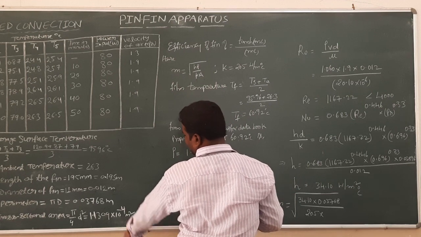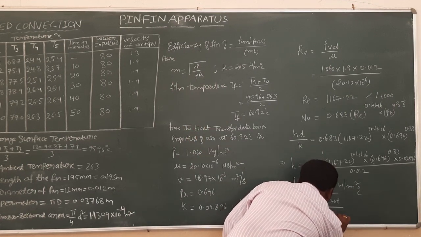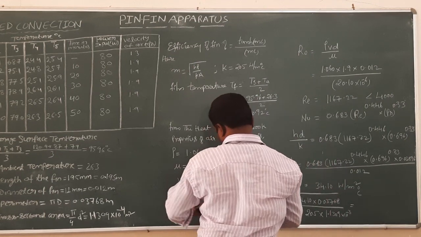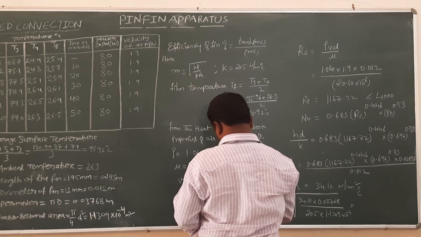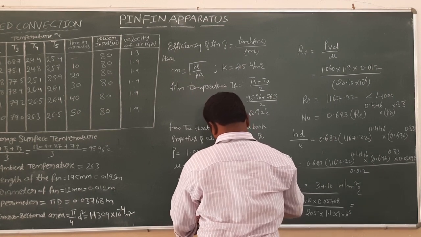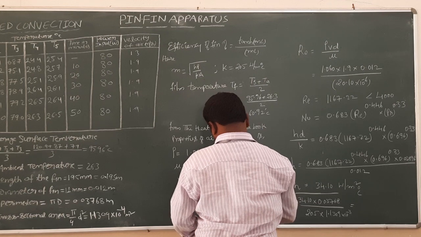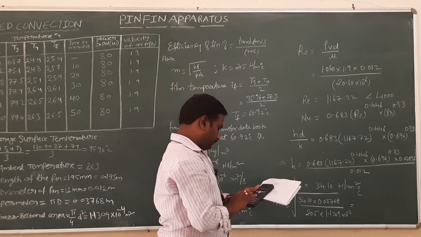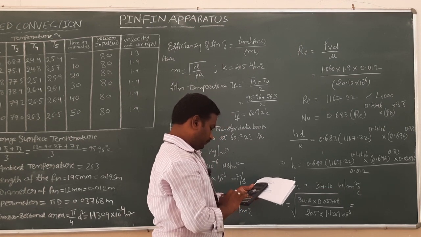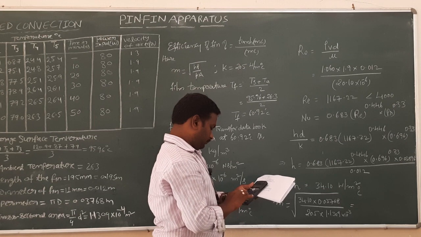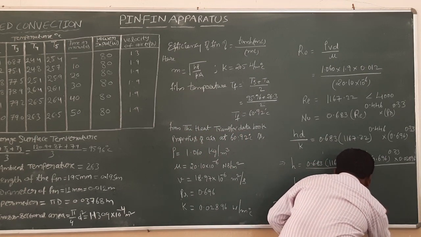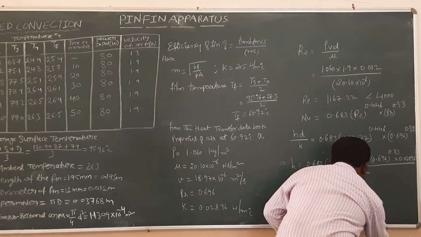Cross sectional area is 1.1309 into 10 to the power of minus 3. Calculate this value. 7.44 is the value of m.